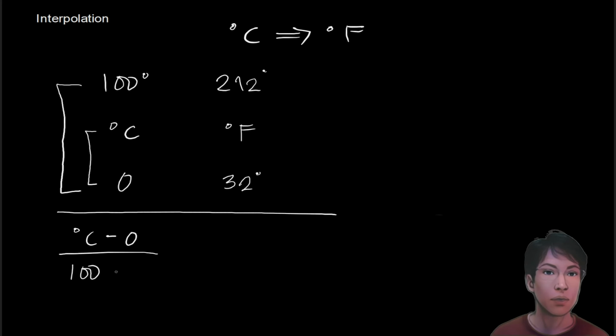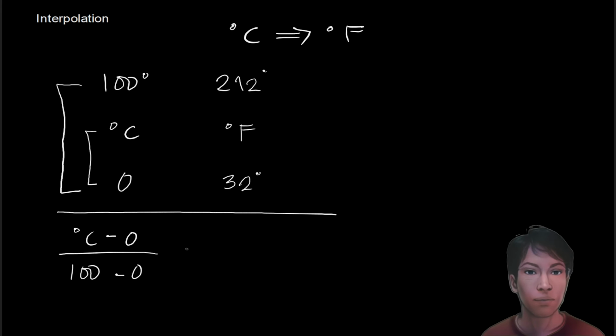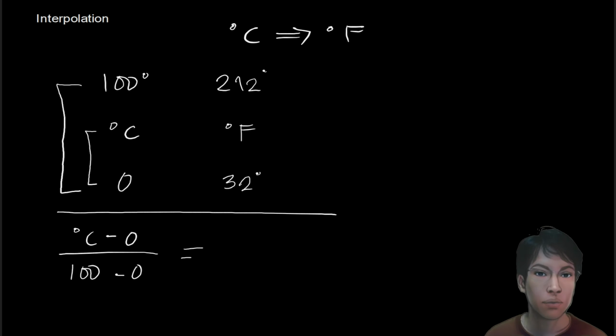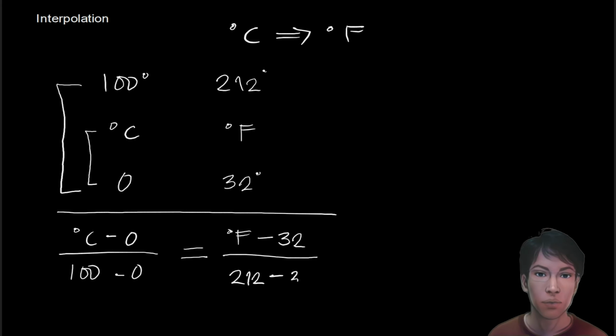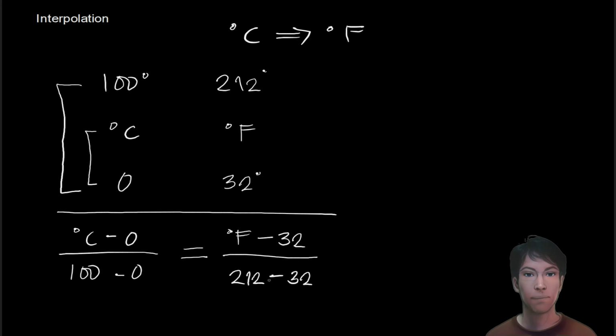So 100 minus 0, and that should be proportional to the right side, since whatever I do on the left side should be done on the right side. So this will be degree F minus 32 over 212 minus 32.